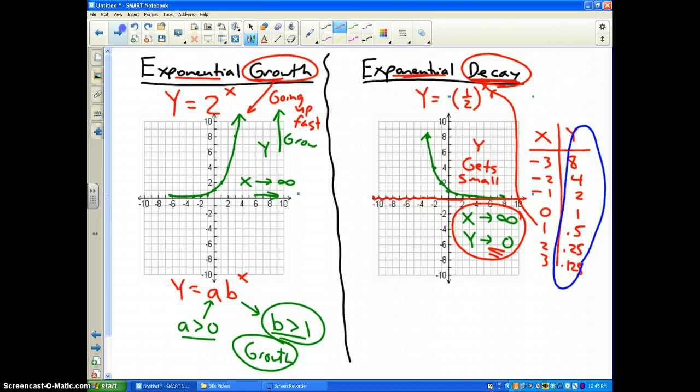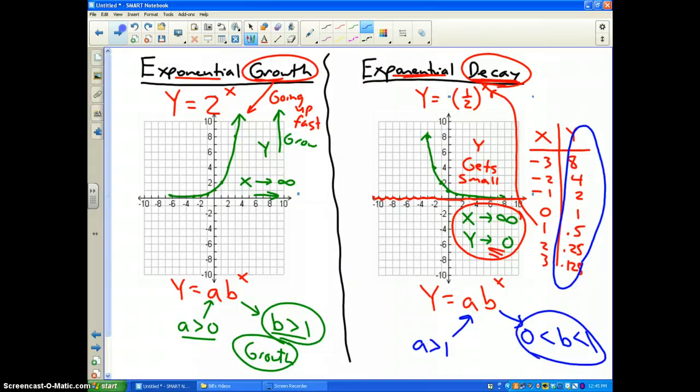And in order for that to happen, y equals ab to the x power. Again, the a value has to be bigger than 0, but now the b value is a number between 0 and 1. That's the whole key for it to be a decay problem. And if it's greater than 1, it is a growth problem.